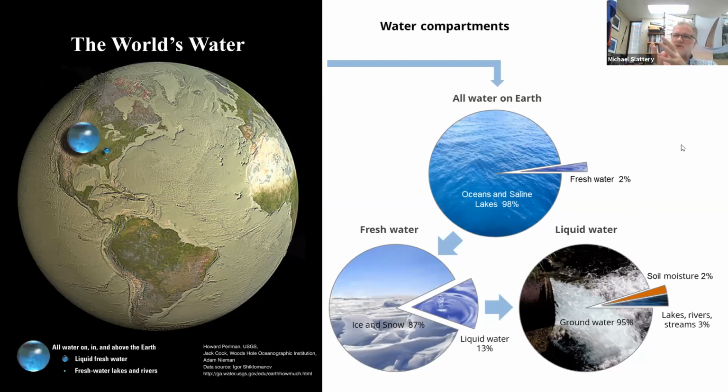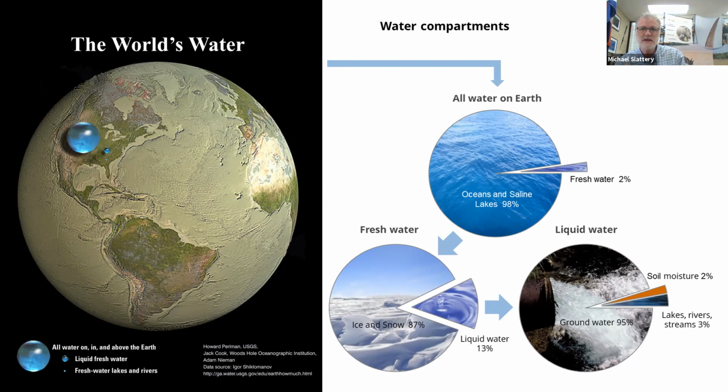So all I'm getting to here is that when you look at the total resource on the planet that we call water, that just seems this endless supply, right? Most of it is saline, so 2% is fresh. Most of that fresh is frozen. 13% of that is liquid. Most of that liquid is deep in the ground, and a very tiny fraction is actually available to us in lakes, rivers, and streams, okay?